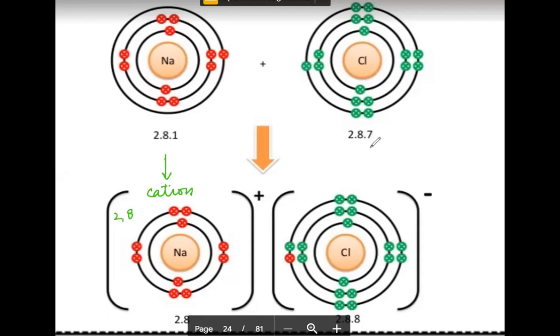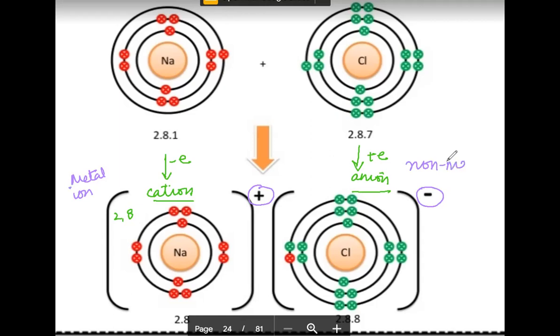Whereas a non-metal will be acquiring an electron and forming an anion. So these are two ions. This is a cation and this is an anion. They are oppositely charged ions. This is a positively charged ion and this is a negatively charged ion. So this is a cation, which is a metal ion. And this is a non-metal.